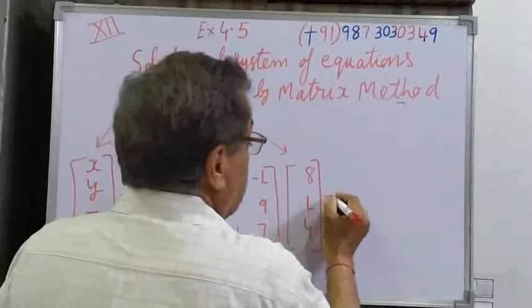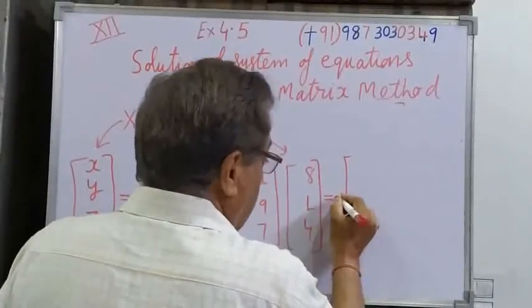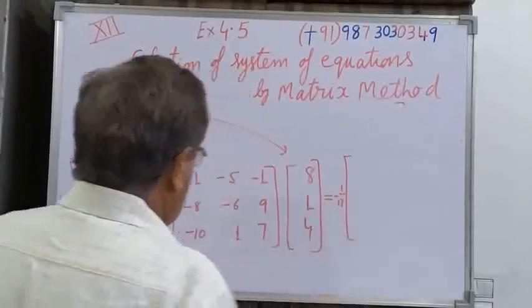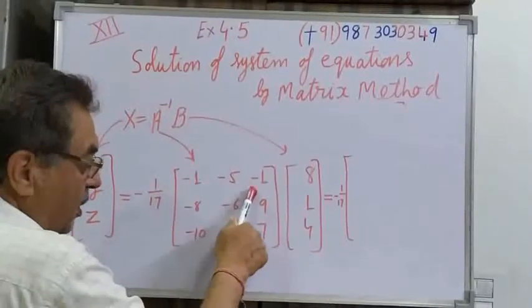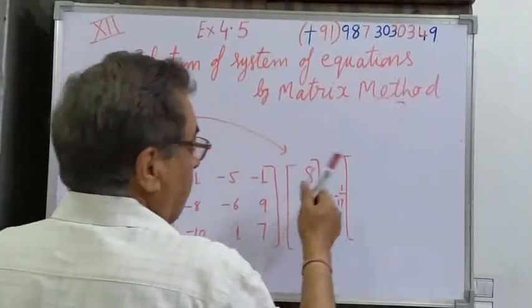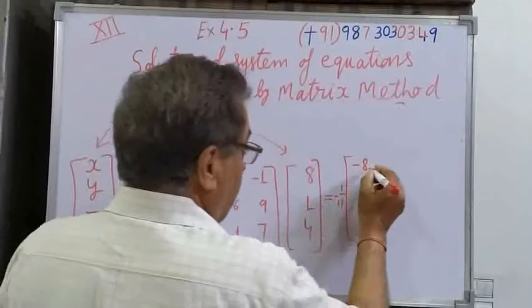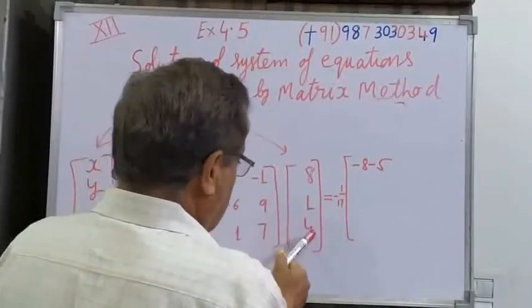The multiplication we have learned earlier. Minus 1 by 17 is still there. Multiply these two matrices. The first row with this column: minus 1 times 8 gives minus 8, minus 5 and minus 4.